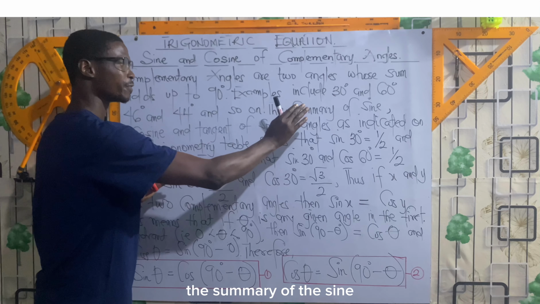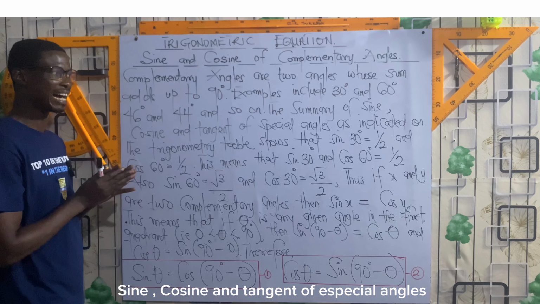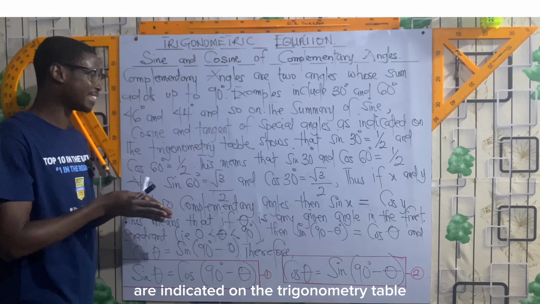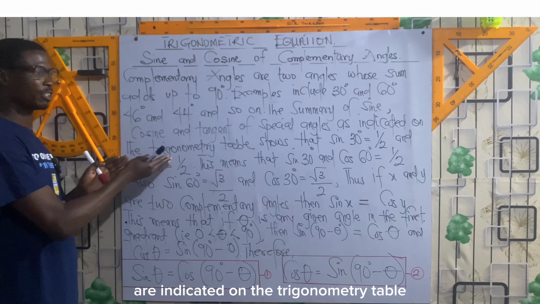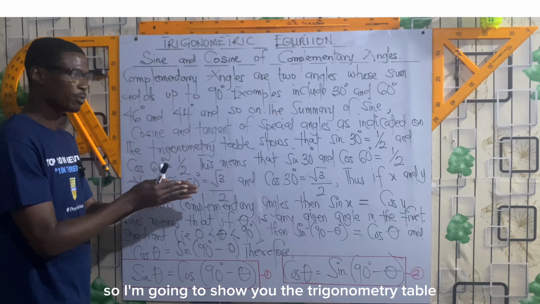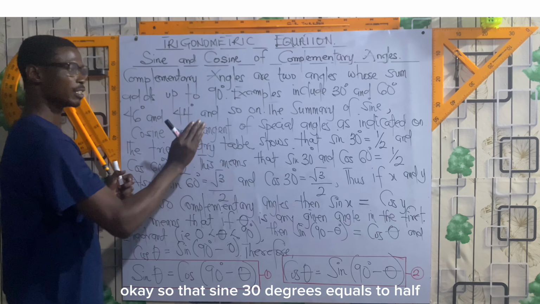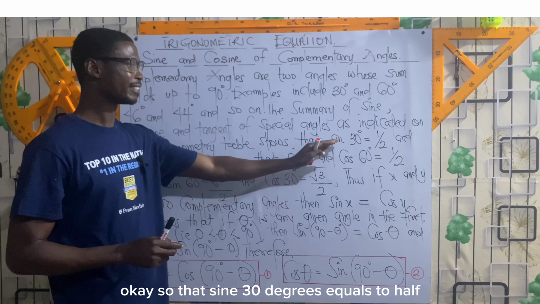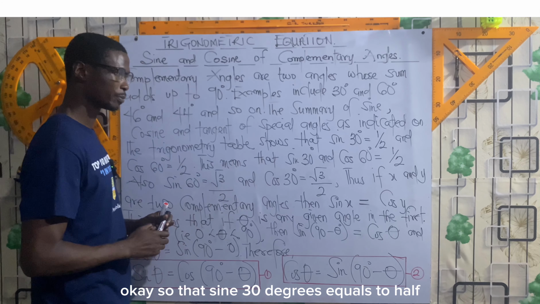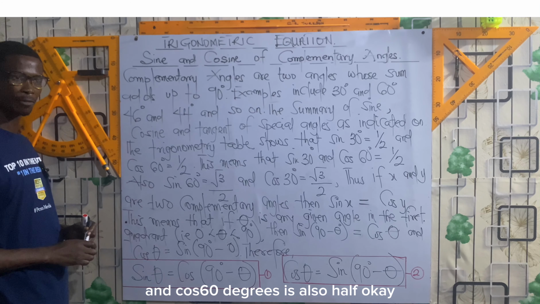The summary of the sine, cosine, and tangent of special angles is indicated on the trigonometric table. I'm going to show you the trigonometric table on the next slide. Sine 30 degrees equals half, and cos 60 degrees is also half.